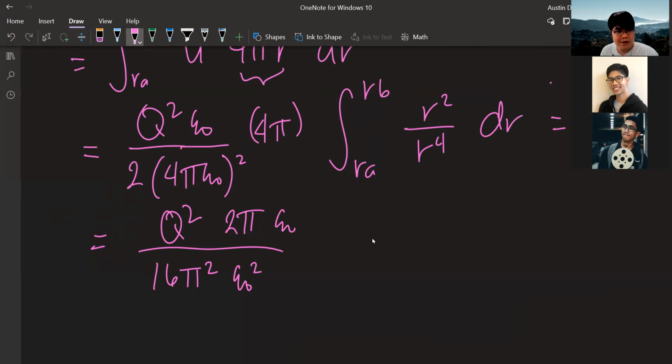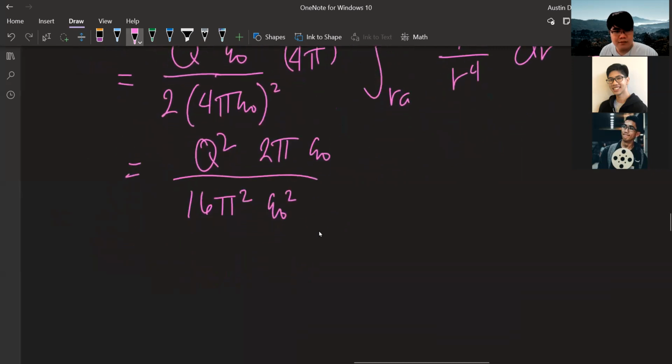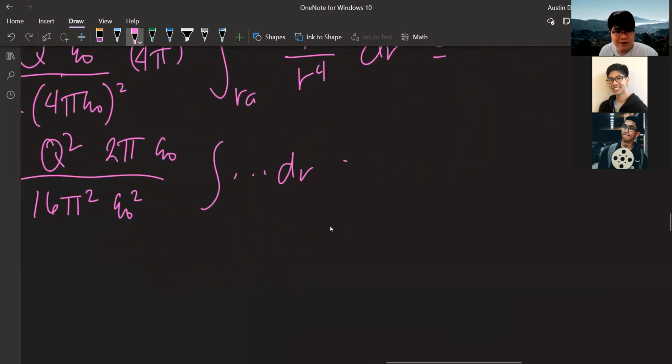Tapos may epsilon ako dito, not epsilon naught. Okay, dinat-dot-dot ko lang muna yung integral. Tamad ako magsulat eh. So, 8 pi epsilon naught. Tama?